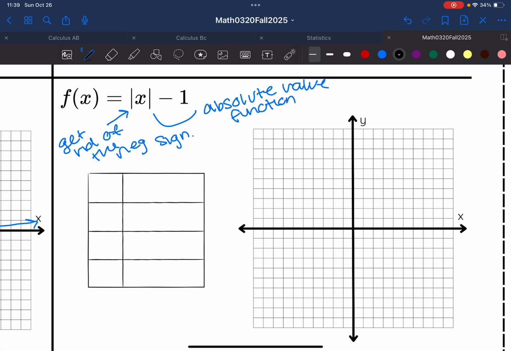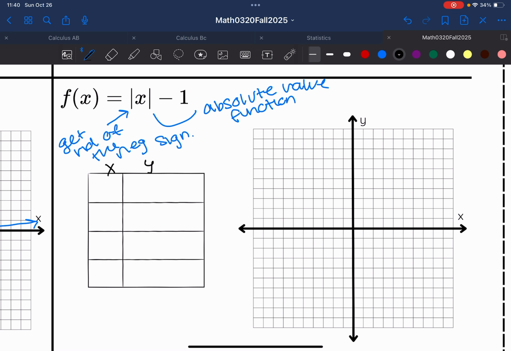So for example, if you plug in a -5, it's now 5. If you plug in a -6, it's now 6. If you plug in a -10, it's now 10. If you plug in a +10, well, it's still 10 because there's no negative sign to get rid of. Okay? Think of these absolute value bars as little choppers that chop off the negative sign.